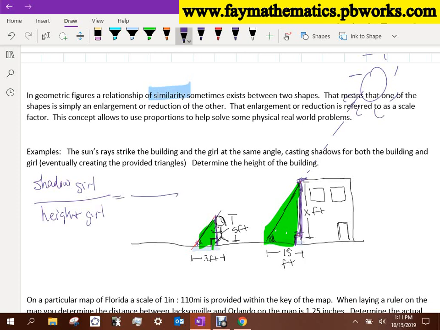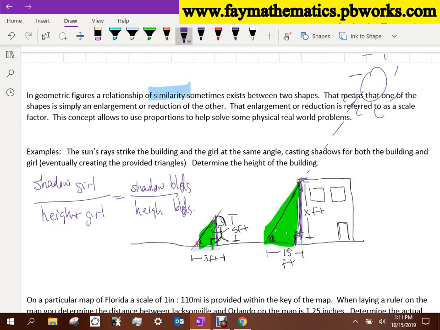So if I look at that ratio, where the shadow of the girl is compared to the height of the girl, that should be the same as the shadow cast by the building divided by the height of the building. I abbreviated building, BLDG, right there.